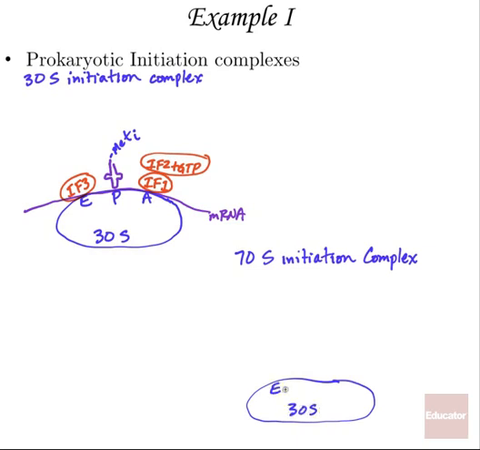Okay, it still has its exit site, its peptidyl site, and its acceptor site. We have that mRNA, okay, properly in there. Okay, we have lost IF3, so now we can have our 50S subunit binding.